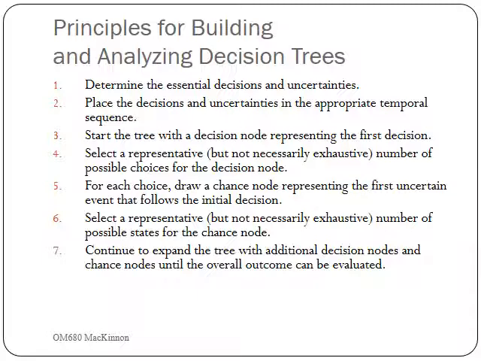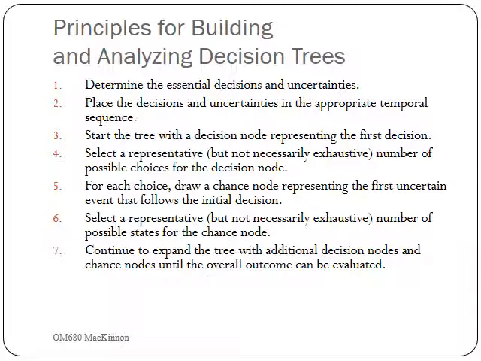And we put in a representative number of possible choices for the decision. It does not have to be exhaustive, and you've seen that in the trees that we've displayed. We don't put every single decision in there, otherwise the tree becomes huge.